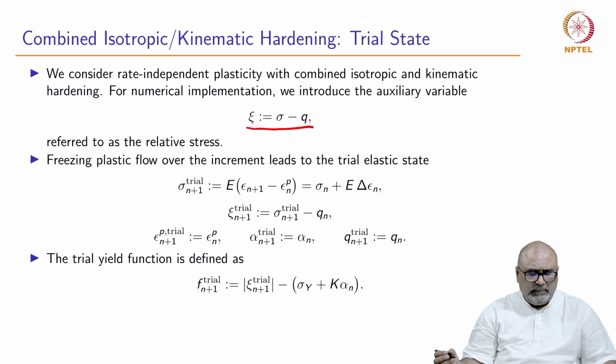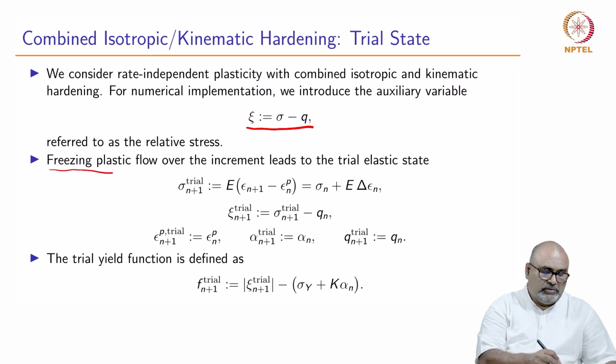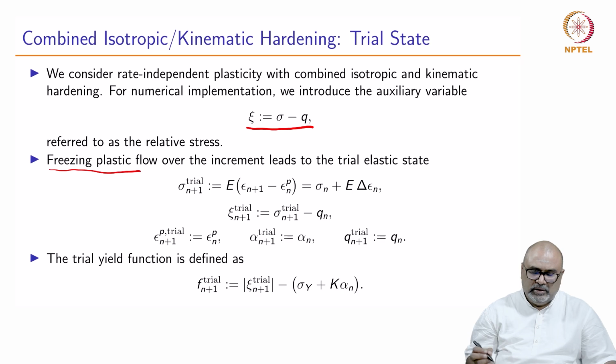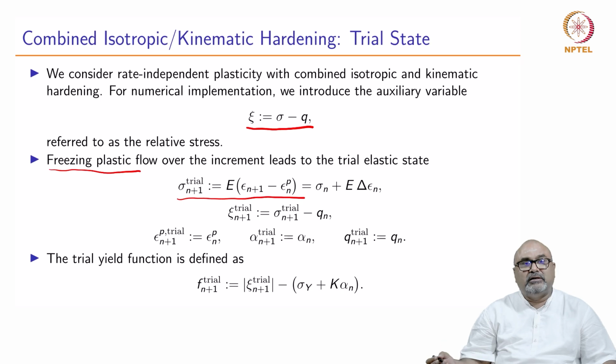And for the trial state, we are going to freeze the plastic flow. When we freeze the plastic flow and consider a trial elastic step, we can define sigma n plus 1 trial, which is given by E times (epsilon n plus 1 minus epsilon n p).